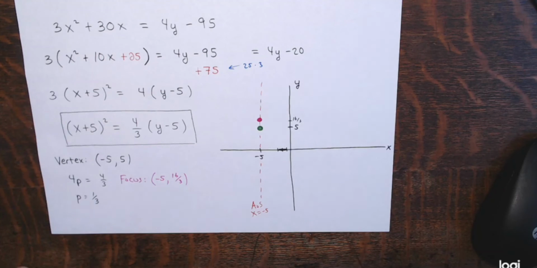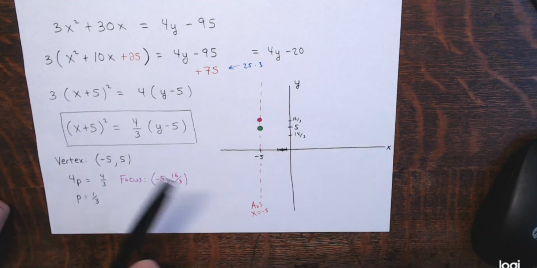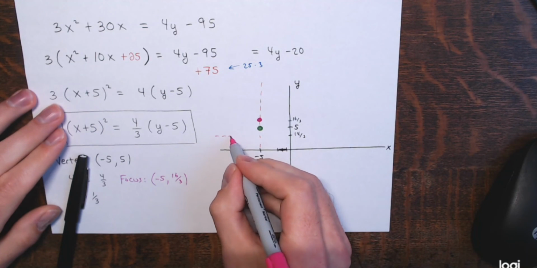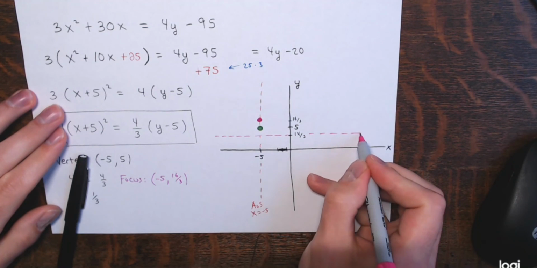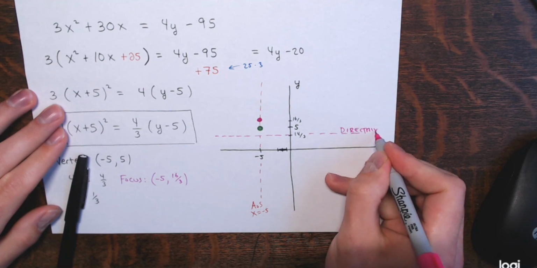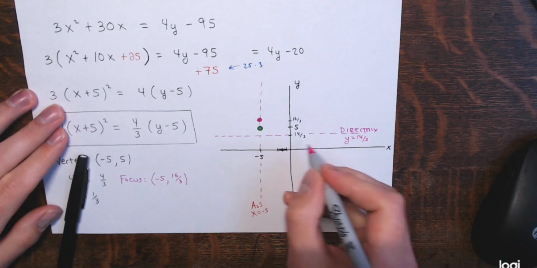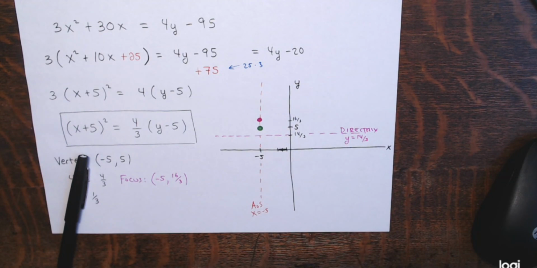And the directrix will be 1/3 below, and horizontal. There's the directrix, and that's a horizontal line, so y equals 14/3, 1/3 of a unit below the vertex.